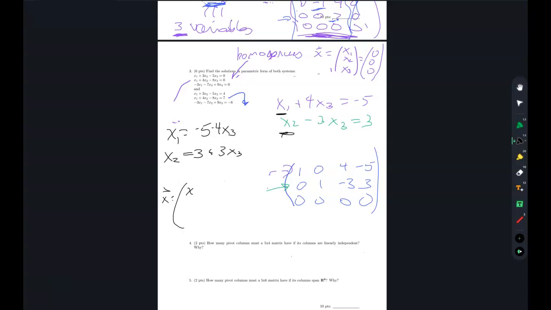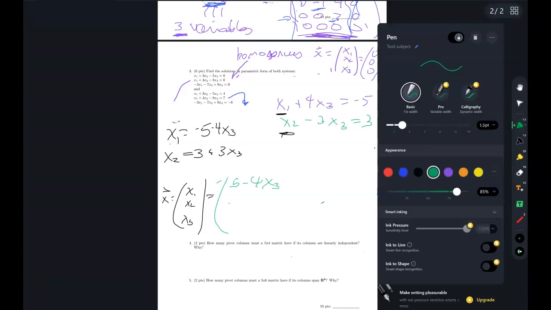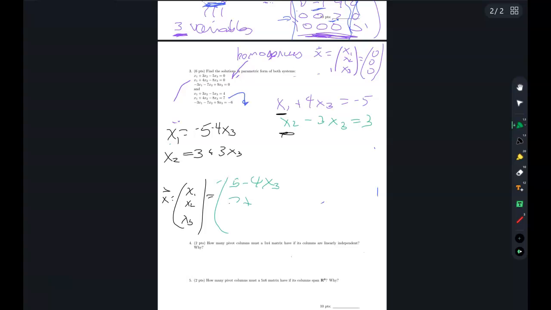So I still do the same thing. Start off with x1, x2, x3, and I factor out the x3. Whoops, no, I better go slower than that. Okay, so then I'm going to put in what the things are. So x sub 1 is negative 5 minus 4x sub 3. X sub 2 is 3 plus 3x sub 3, and x sub 3 is itself.